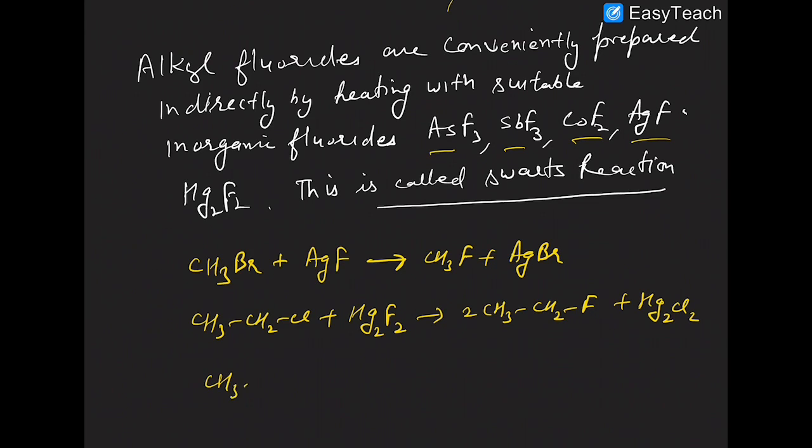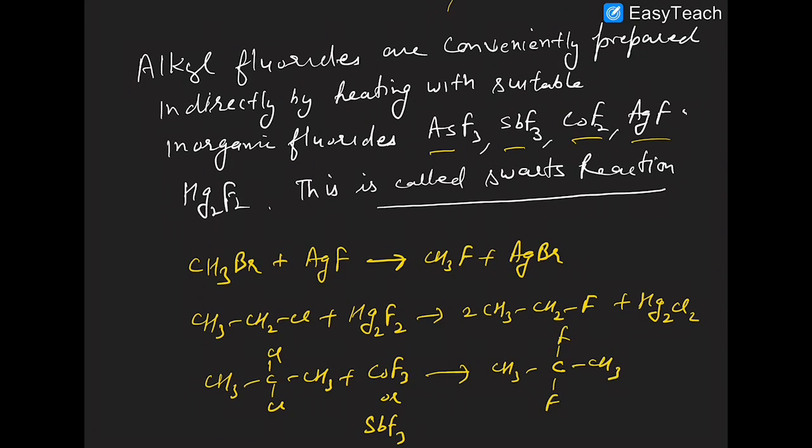Let us suppose, what I am trying to say is, if you have two chlorides here, then either CoF3 or antimony fluoride is better for the fluorination than the other covalent fluorides. Sure about that? This is known as the Schwarz reaction.